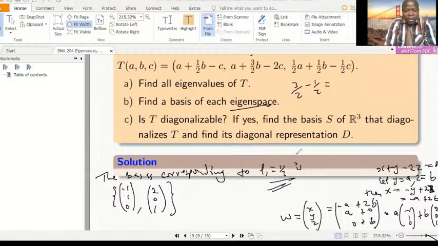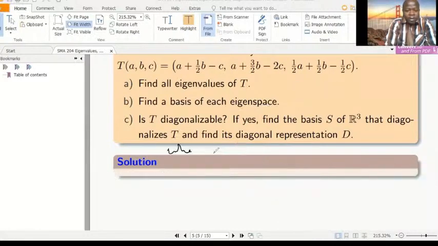Now, another eigenvalue was lambda equals 1. So let's just do that. When lambda is equal to 1, let's subtract 1 from the leading diagonal. When I subtract 1, I will have a 0, and then there is a half, then negative 1, then this is the 1.